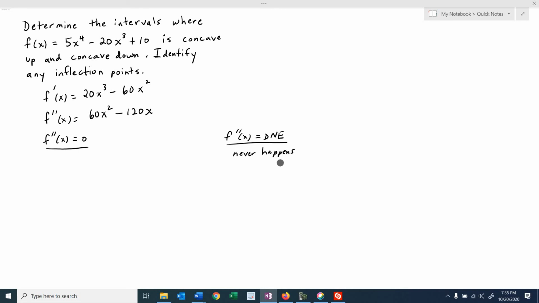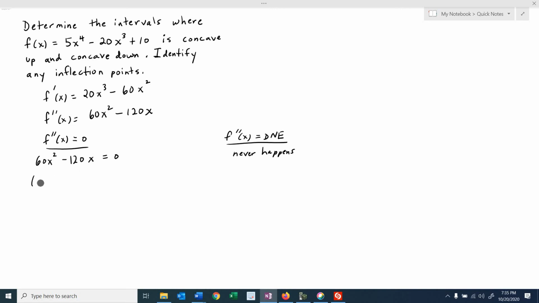So we don't get any possible inflection points of that kind. But it could be equal to 0. So let's set the second derivative to 0 and solve for the x values where that occurs.